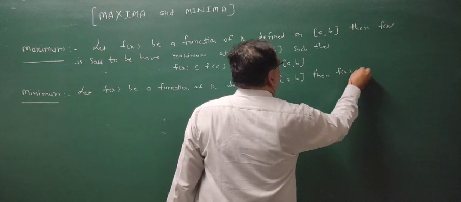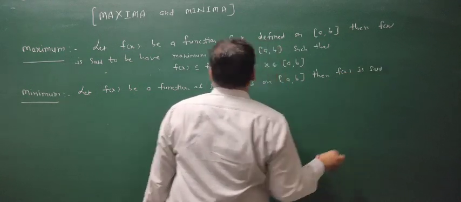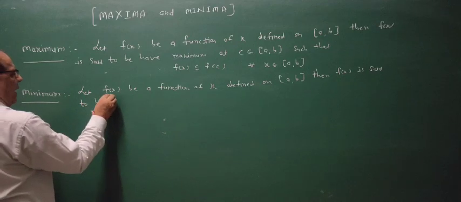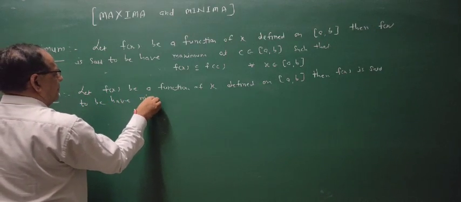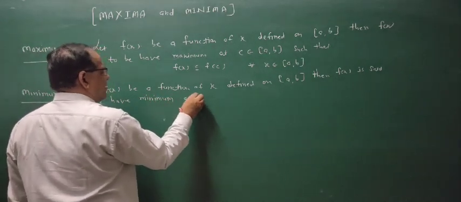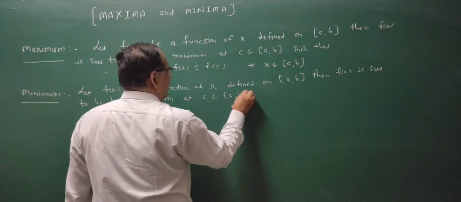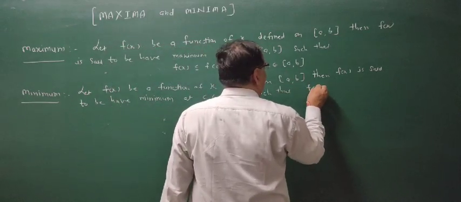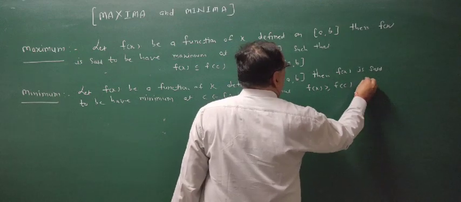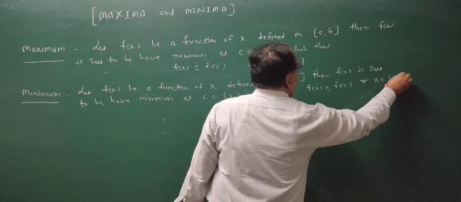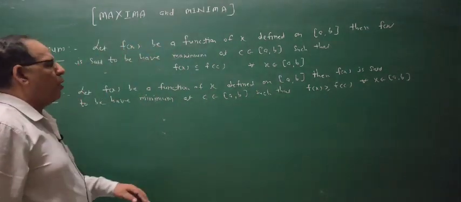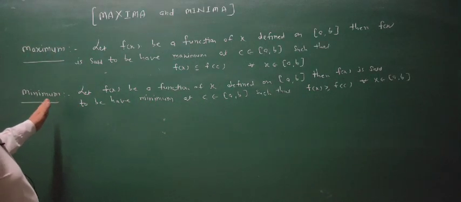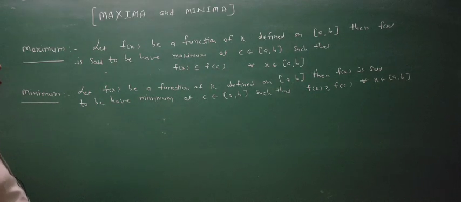Then f(x) is said to have minimum at c belongs to [a, b] such that f(x) is greater than or equal to f(c) for every x belongs to closed interval [a, b]. If for all values of the function, f(x) is always greater than or equal to f(c), then we can say the function has the minimum at the point c of the closed interval [a, b].